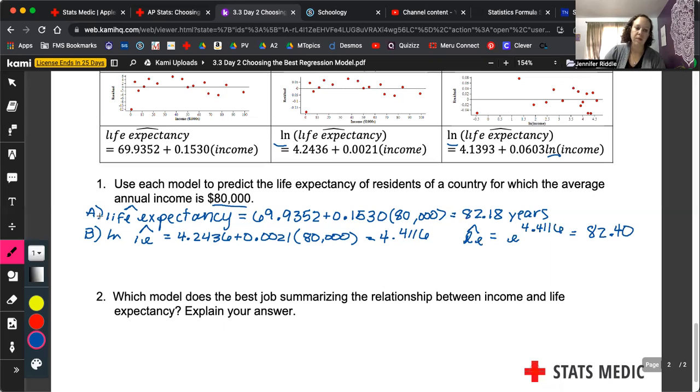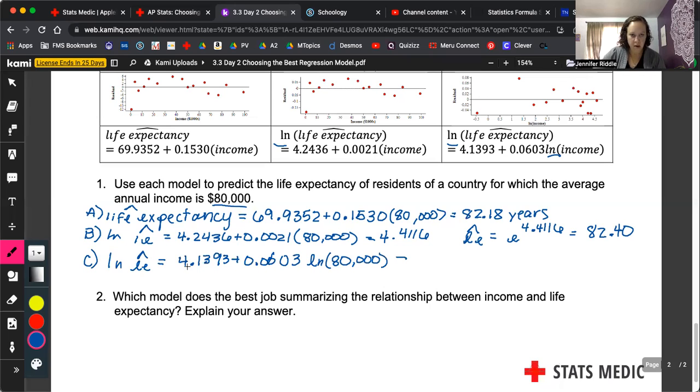and I get the predicted life expectancy of 82.40 years. And then for part C, I have, again, the natural log of the predicted life expectancy equals 4.1393 plus 0.0603 times the natural log of 80,000.